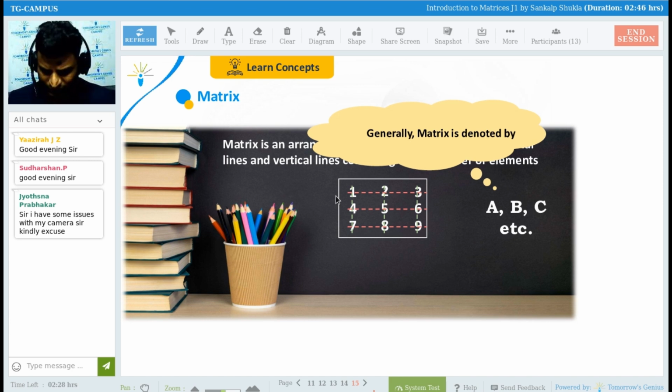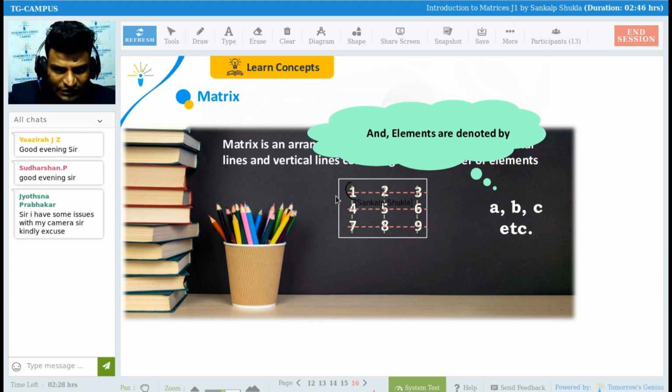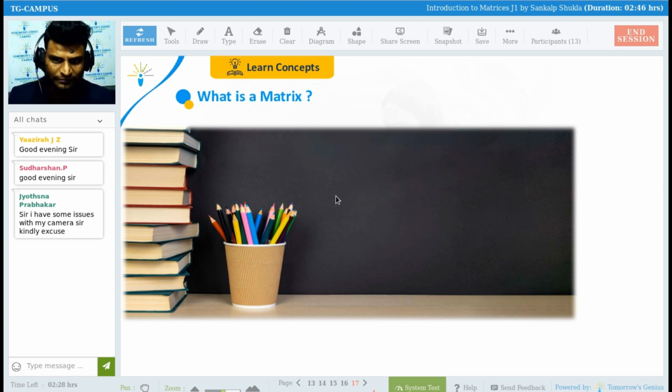It could be anything, that's not a relevant point. And elements are denoted by A, B, C? No, that is not true. That is partially true. We can call these elements by A, B, C, D, E, F, G, H type. But there is a proper address of an element. I'll be explaining to you how it matters.